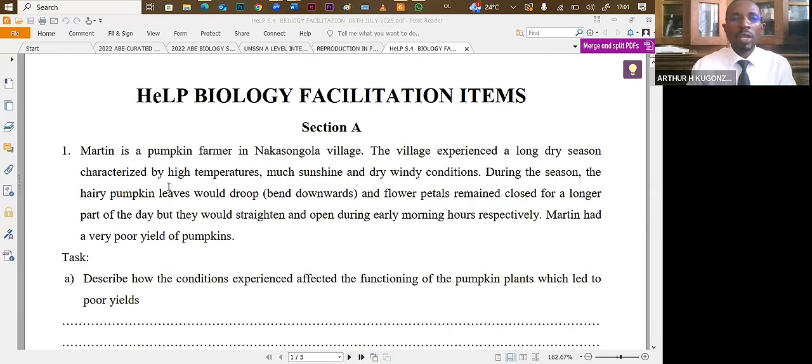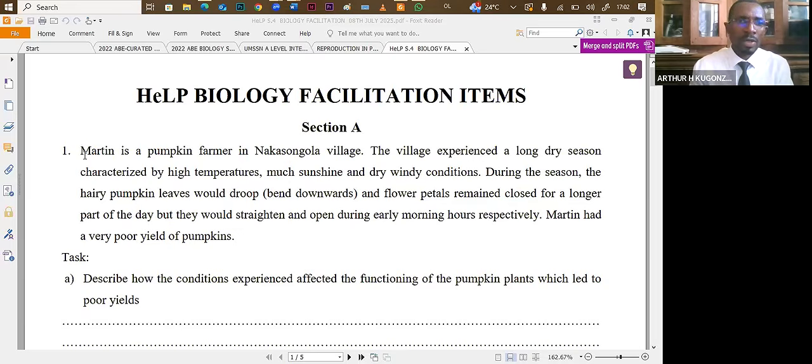And I told you that the best way to pick your responses from the scenario is to start reading from the first word. So we are going to repeat reading this scenario, but have in mind, what are we looking for? We are looking for how did this pumpkin manage to survive? Are there any clues given to me in the scenario?